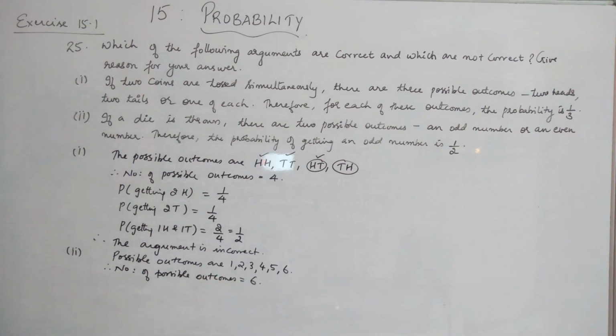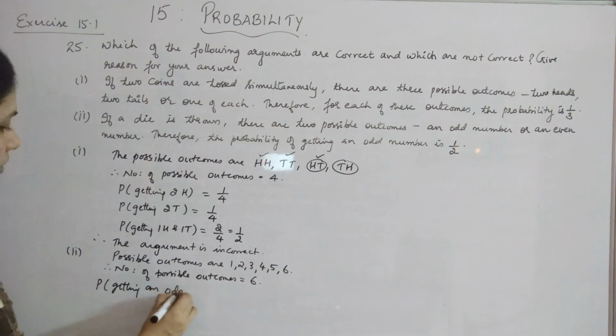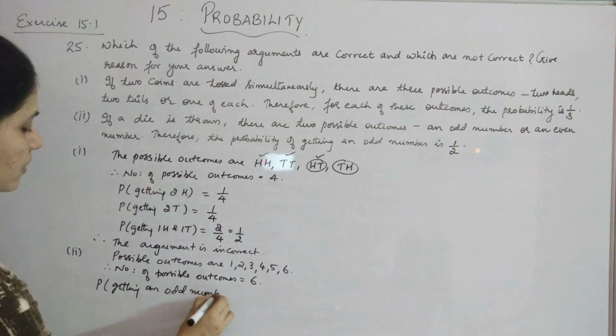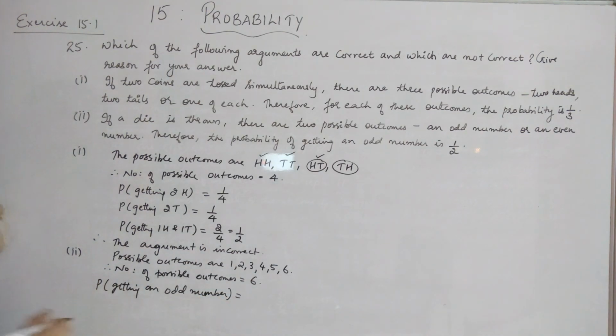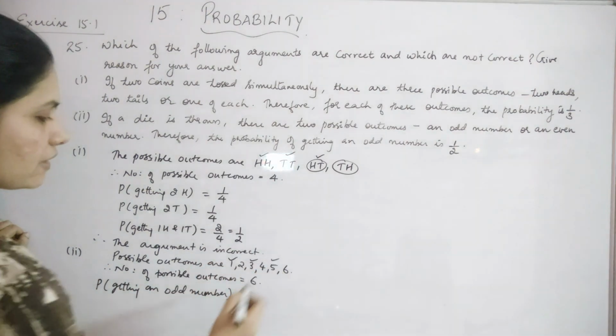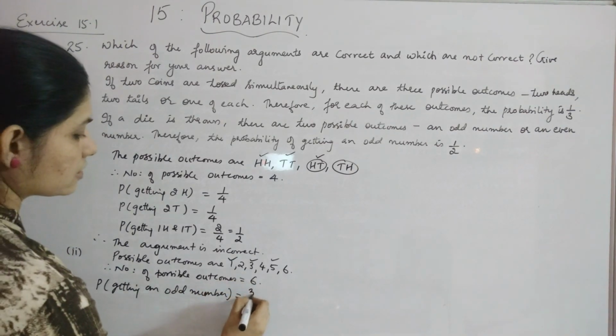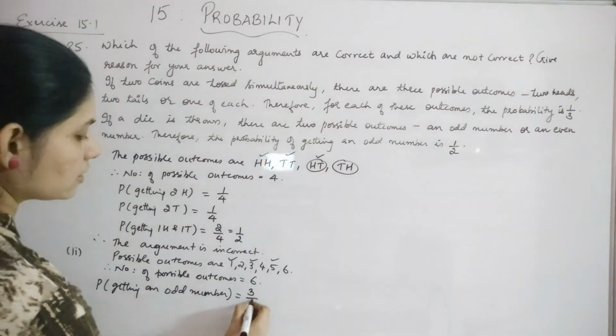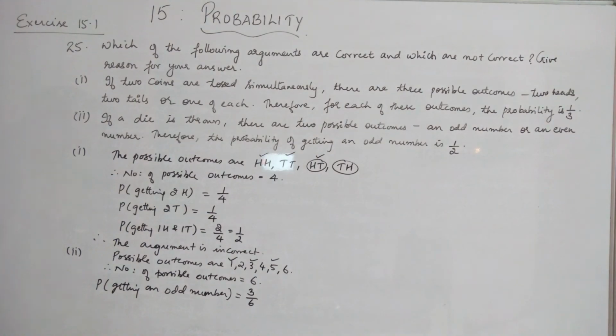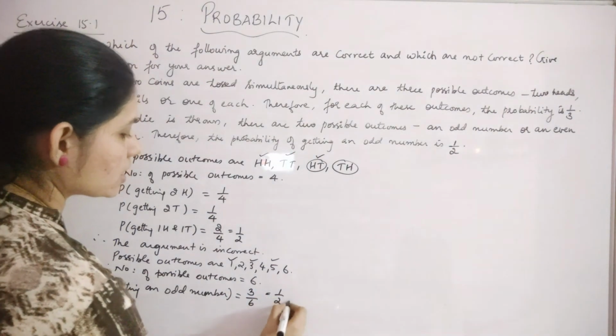Therefore, the number of possible outcomes is equal to 6. Now what we need to find out is the odd numbers and even numbers as the events and their probabilities. So what will be the probability of getting an odd number? It will be the total number of odd numbers, which are 1, 3 and 5, that means 3, divided by the total possible outcomes, that is 6. So you get 3 by 6, which is 1 by 2.